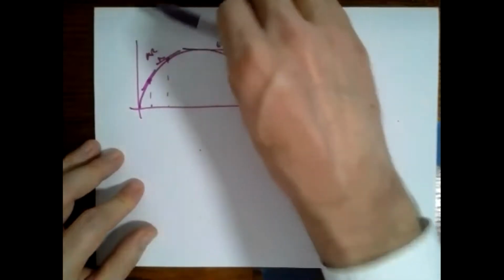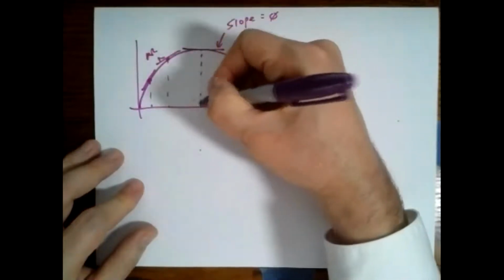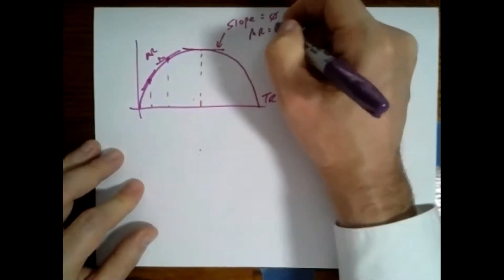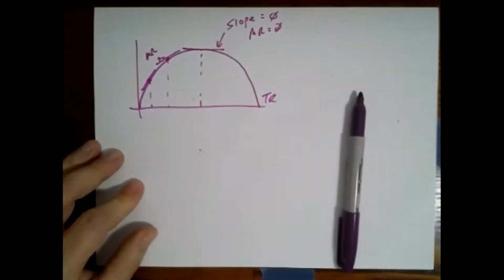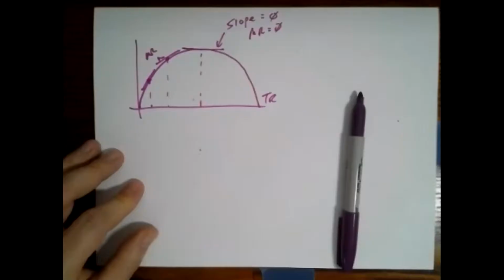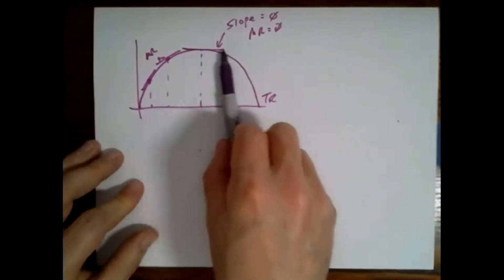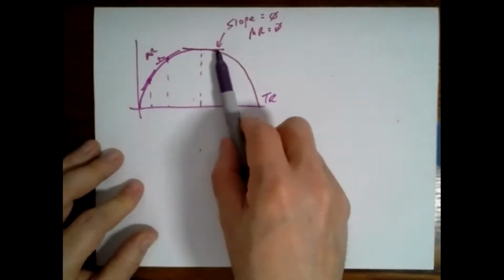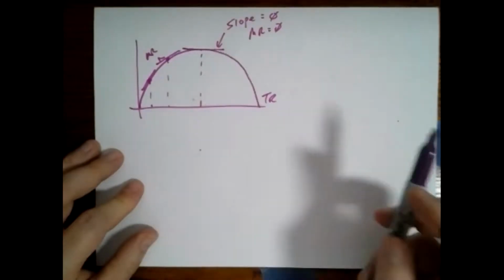And then at that point, MR is equal to 0, which corresponds with what we visualized here. So the MR at 5 hits the 0.